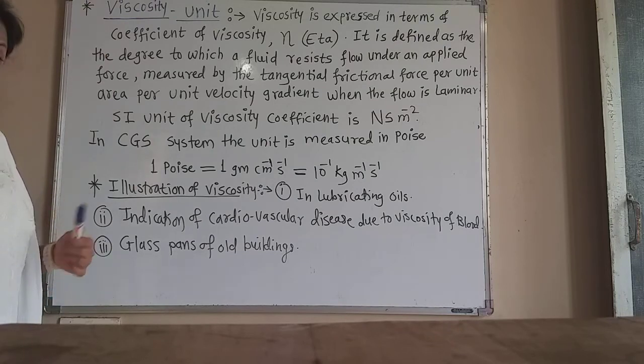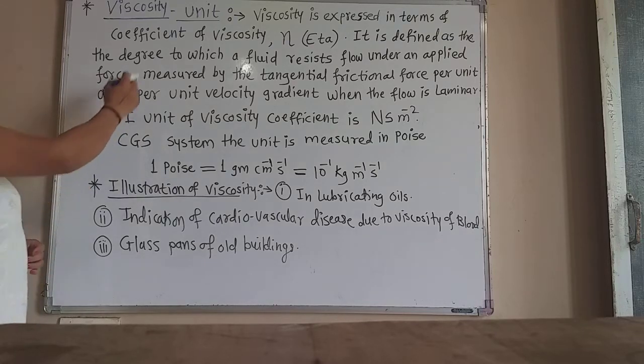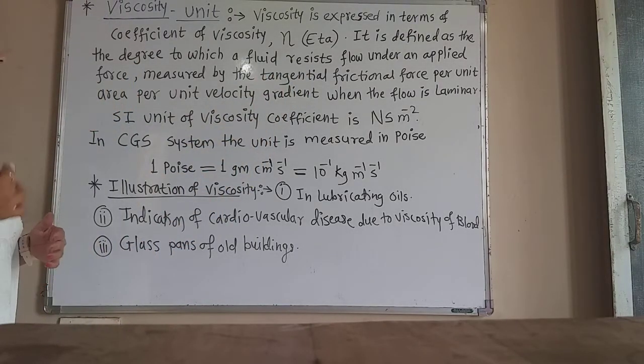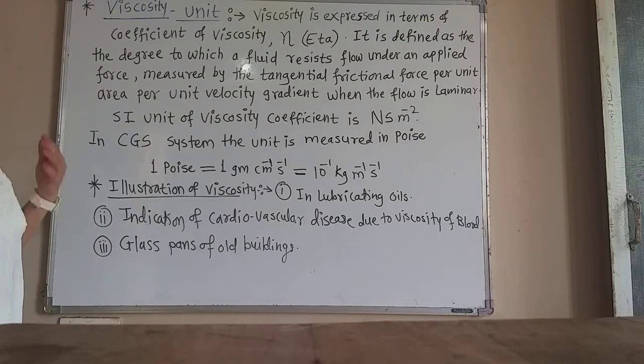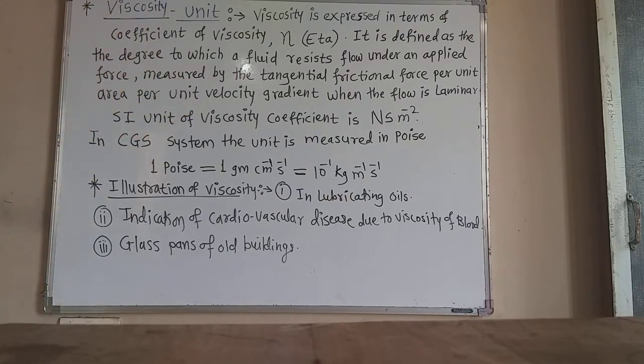Eta, the coefficient of viscosity, is defined as the degree to which a fluid resists flow under an applied force, which is measured by the tangential friction force per unit area per unit velocity gradient when the flow is a laminar flow.